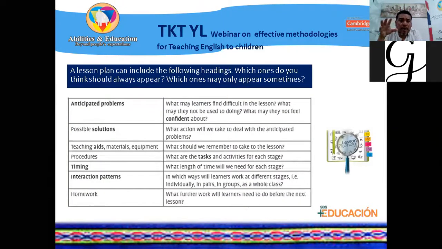Some other components of a lesson plan could be what you see here: anticipated problems, possible solutions, teaching aids, what materials you will use, the procedures again, timing, interaction patterns, and many, many things.